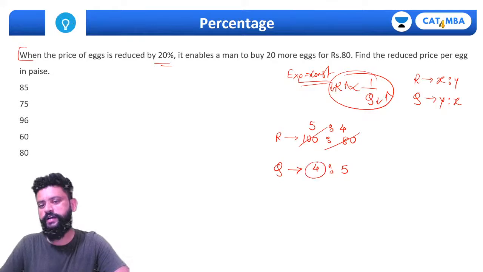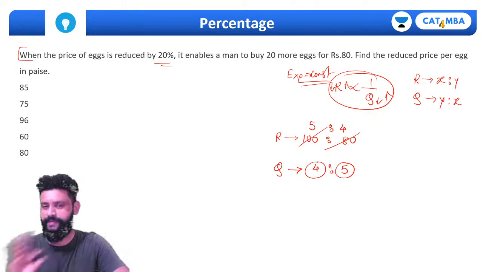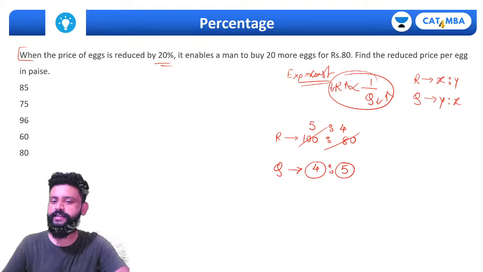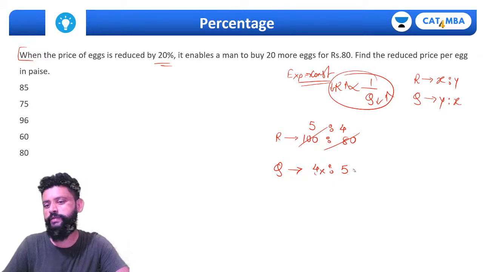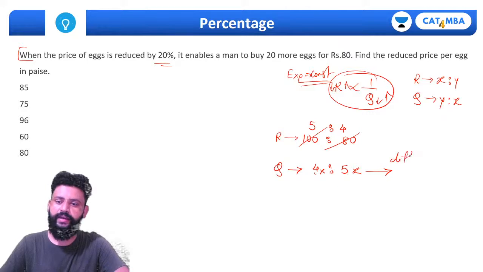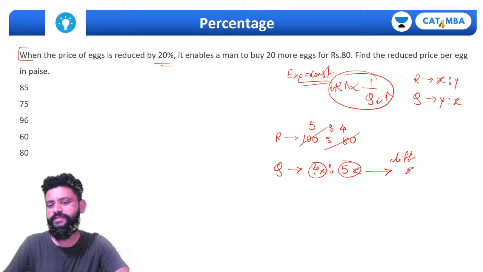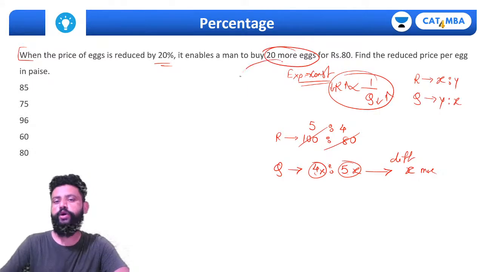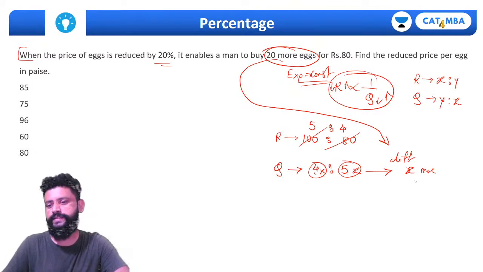Okay guys, listen, अगर 4:5 क्वांटिटी का रेशियो, दैट सिंपली मीन्स अगर वो पहले 4x खरीदता था तो अभी वो 5x खरीदेगा. तो अभी देखो इन दोनों eggs में कितना डिफरेंस हो गया, 5x एंड 4x. What is the difference? x more, and we are given he can buy 20 more. That means x is equal to 20.